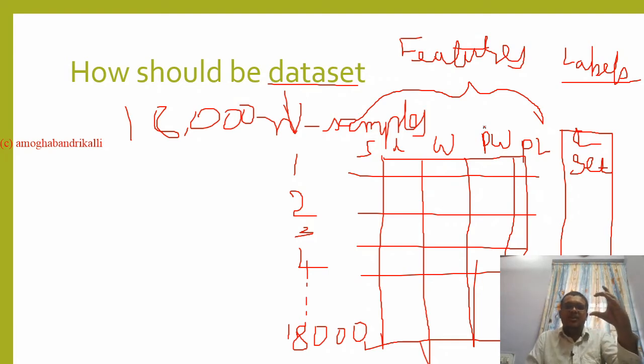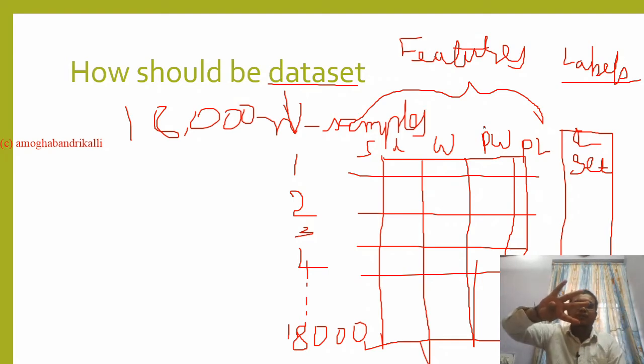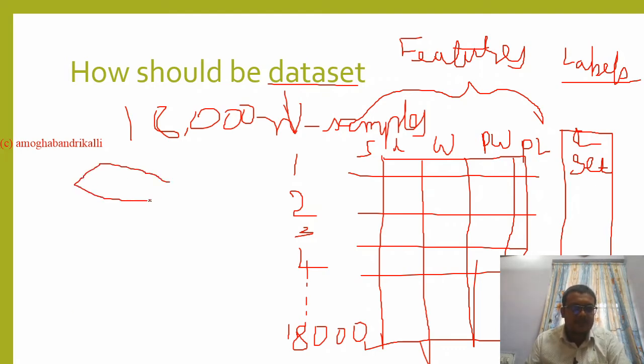If you have images, they will be converted into 4 features: sepal length, sepal width, petal length, and petal width. Petal you can imagine like a leaf of a flower, and you also have the sepal. The length and width are calculated, in the same manner for the sepal also.